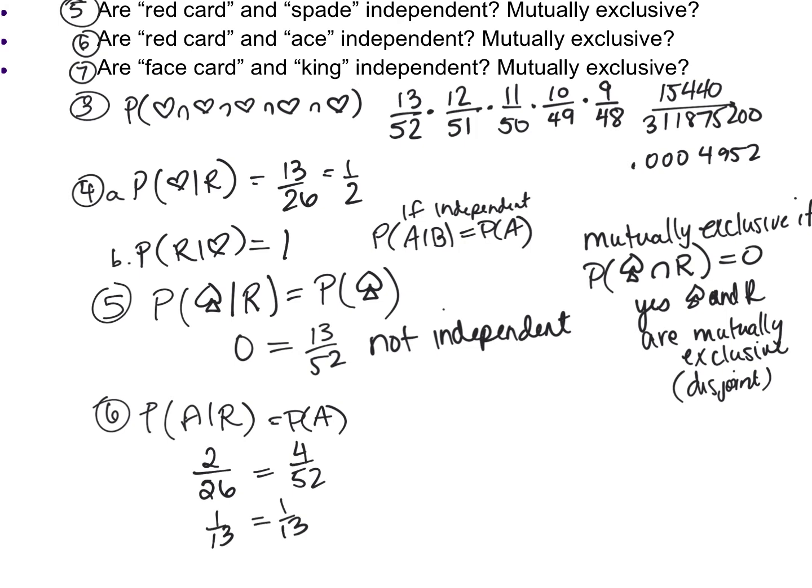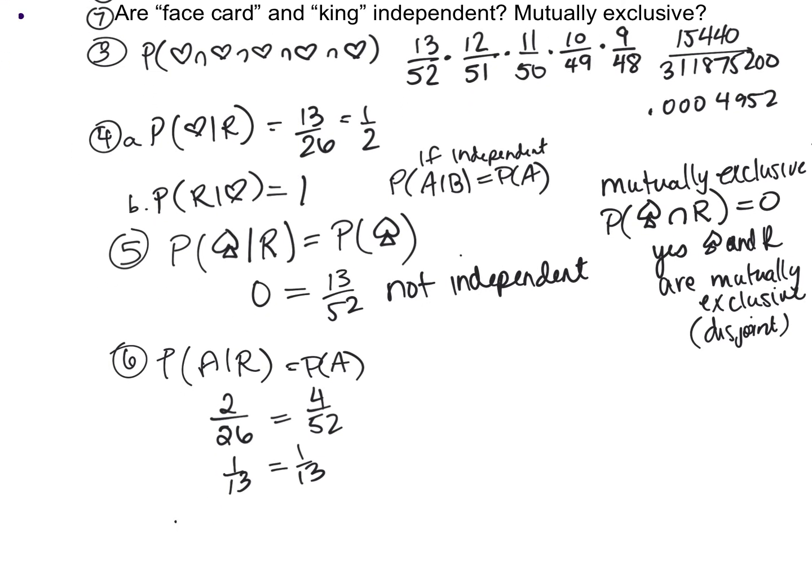Isn't 4 over 52 reduced to 1 over 13? Yeah. So yes, ace and red cards are independent.